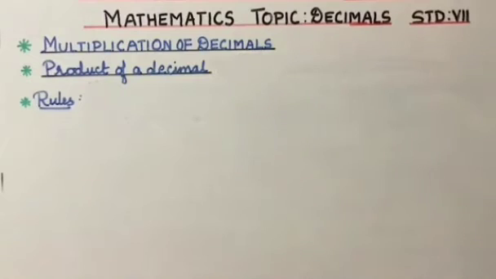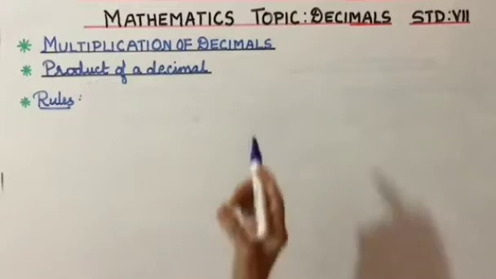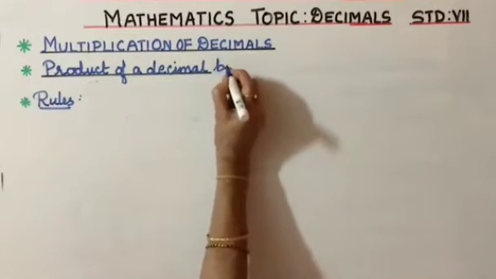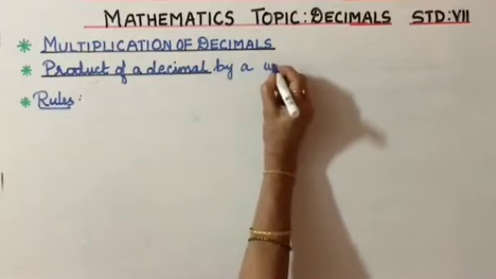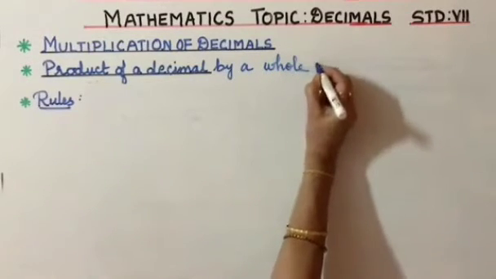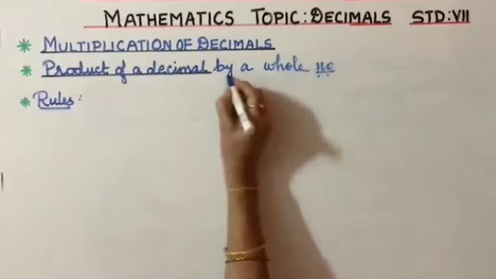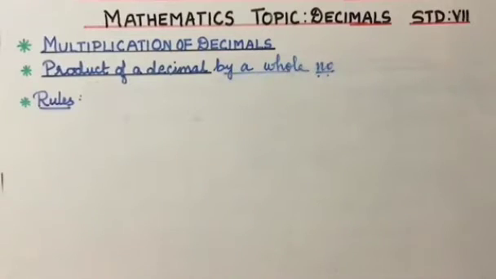Now we are going to do product of a decimal by a whole number. Okay? So what are the rules? Let me first explain what the rules are.